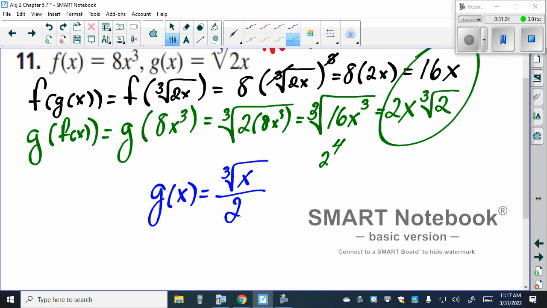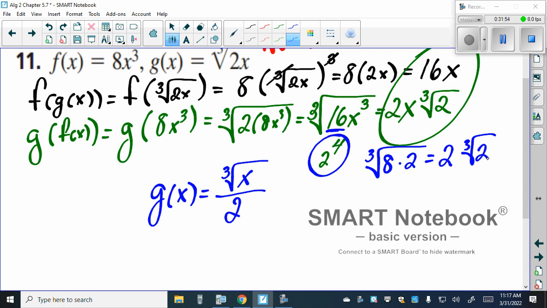For 16x cubed, yeah, the cube root and x to the third do simplify, but our 16 is 2 to the 4th. So, 16 is the same as saying the cubed root of 8 times 2. Cubed root of 8 is 2, but I'm left with a 2 inside. We can't fully take the cubed root of 16. We can take the 4th root of 16, but not the cubed root.